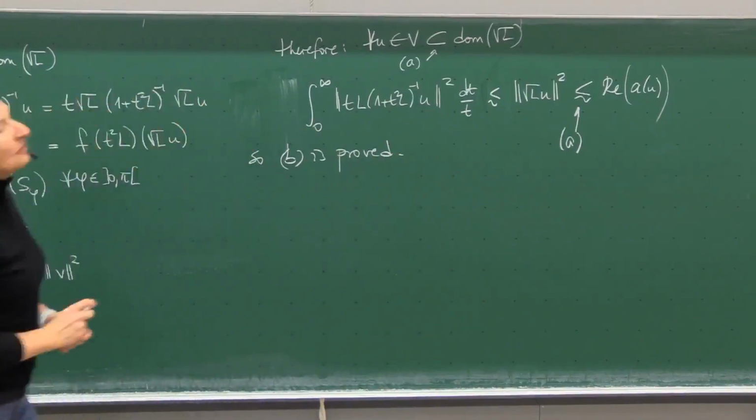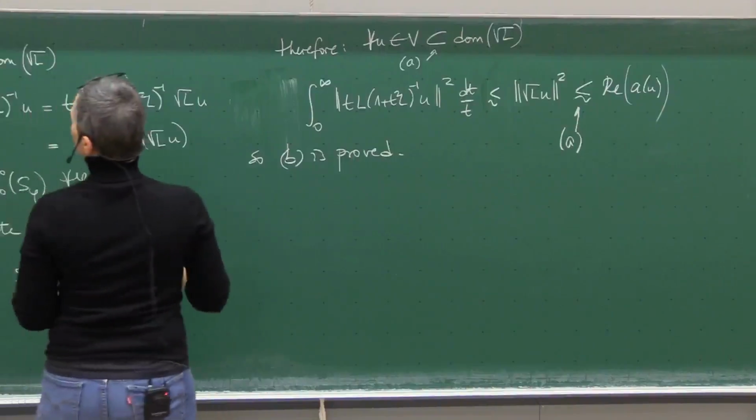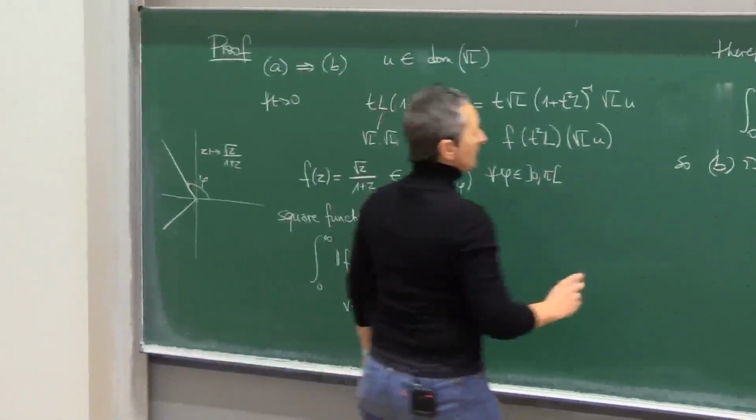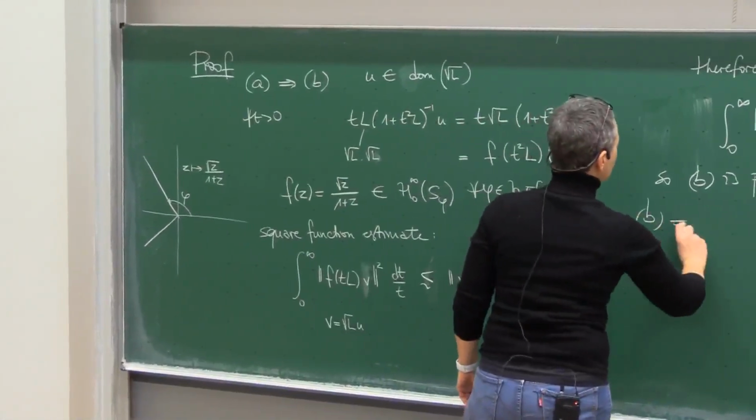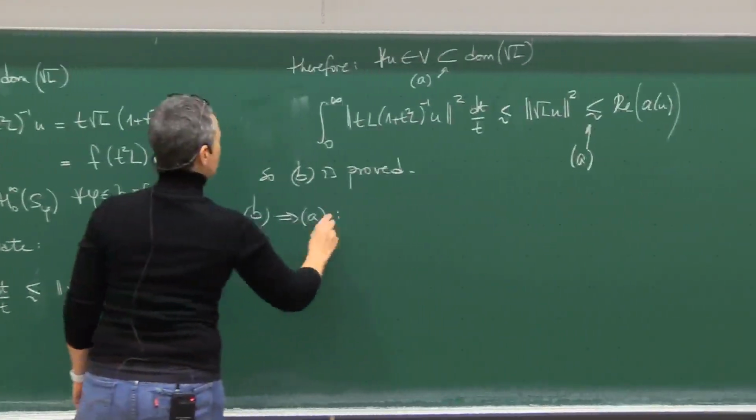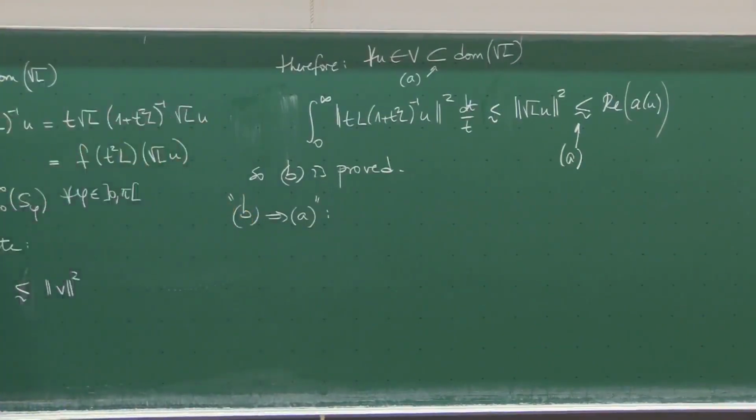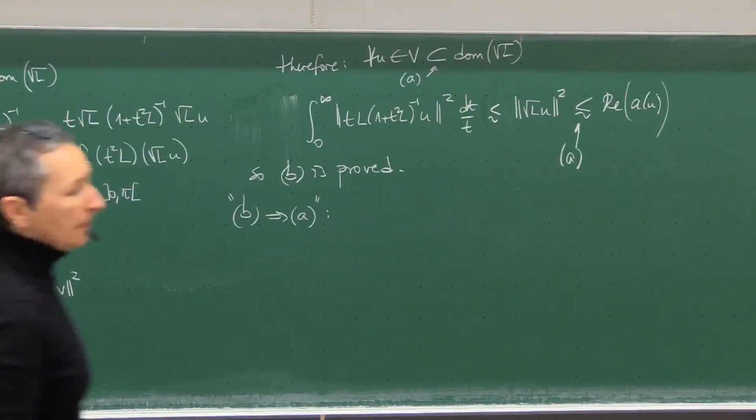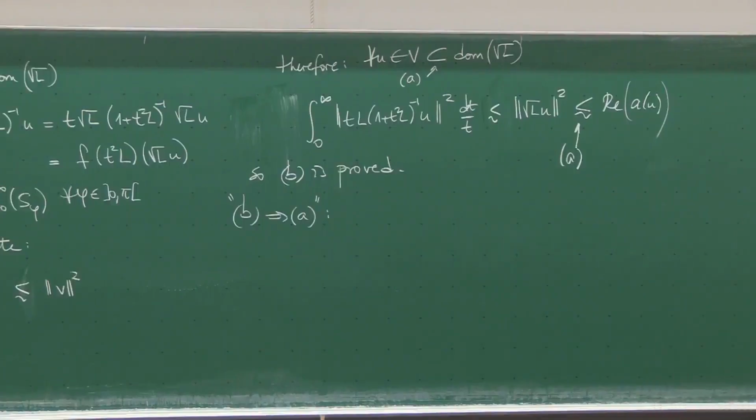So now, the other way around. We first started with A implies B, so now why does B imply A? We assume that we have the square root estimate, and we want to show that V is in the domain of the square root, and we have the estimate as shown.